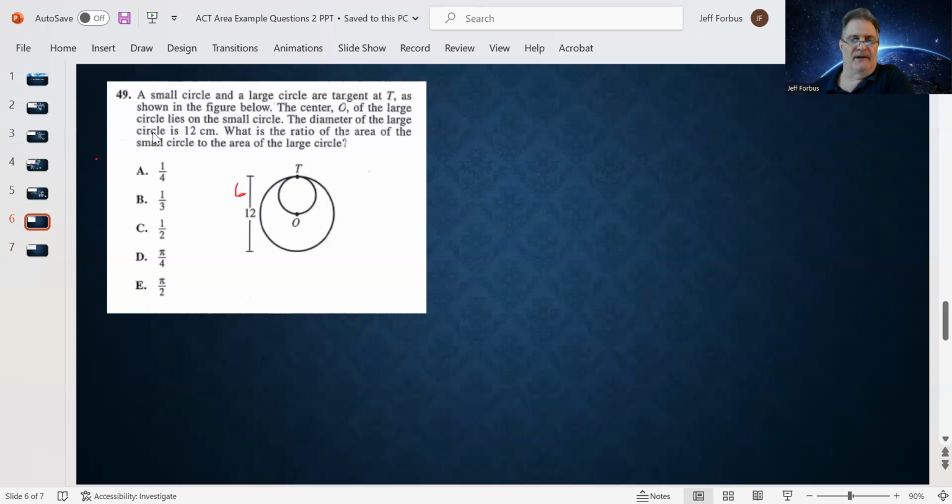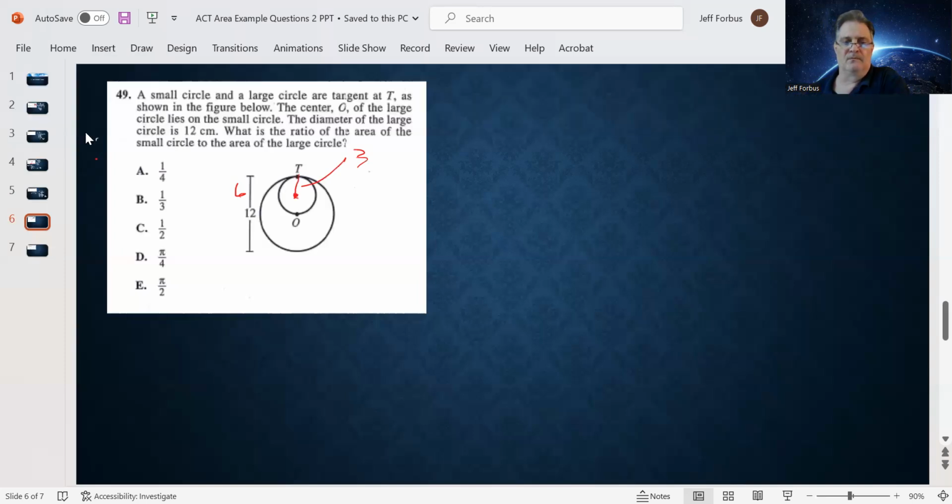What is the ratio of the area of the small circle to the area of the large circle? So the radius of the small circle is 3. All right. My dot right there. Let me change my pen tip color.